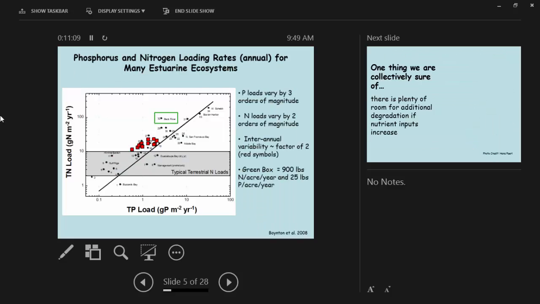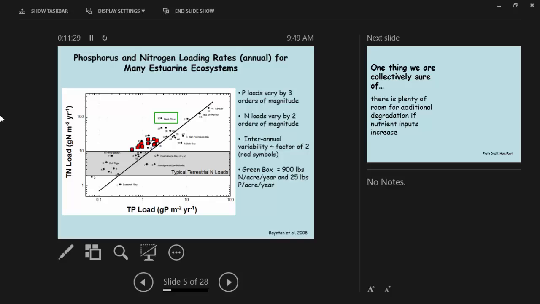I'm showing you this slide here to give you the idea that estuaries and coastal systems are complicated. They're different. So this is a plot of the phosphorus load on the horizontal axis coupled with the nitrogen load on the vertical axis for about 40 different estuaries from around the world.